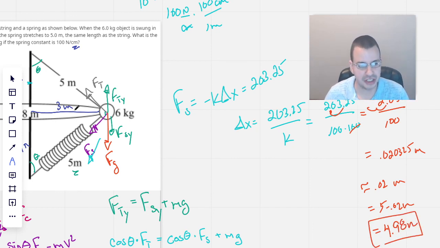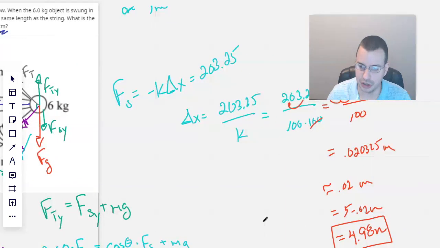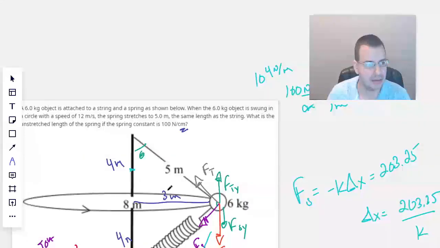So it's unstretched means, because it's pulling, it's stretched a little bit, which means it's pulling against the direction of stretching, which means it's pulling down. And so its actual natural unstretched value would be less than 5 meters. So 5 minus 0.02 gives me 4.98 meters.